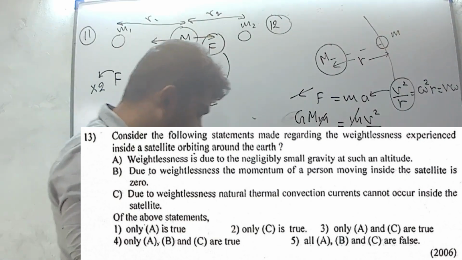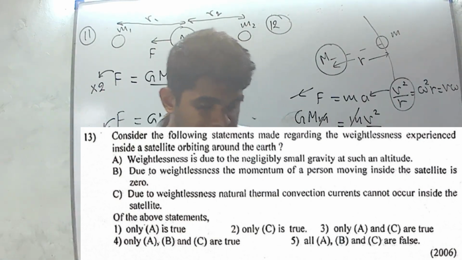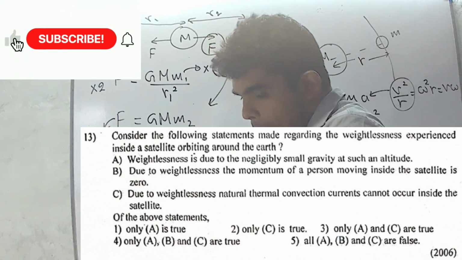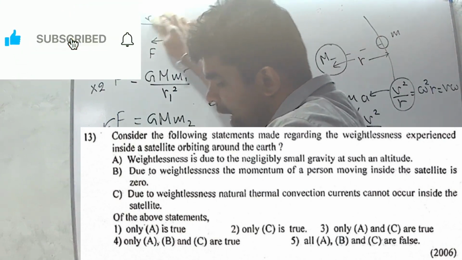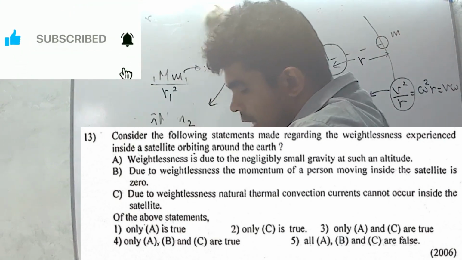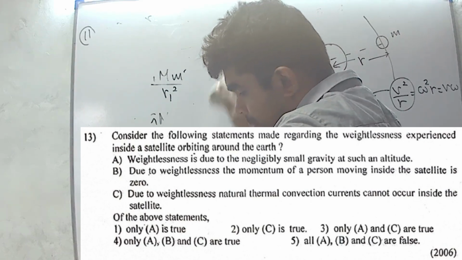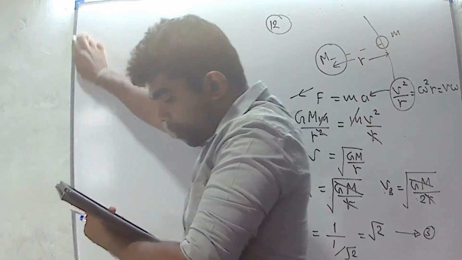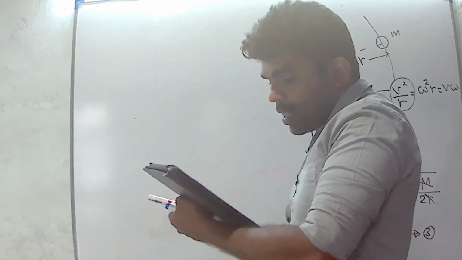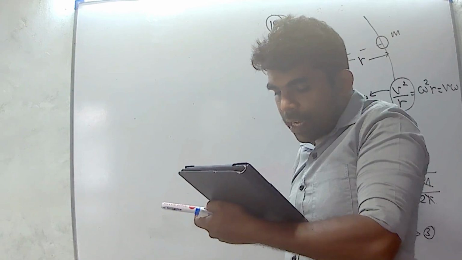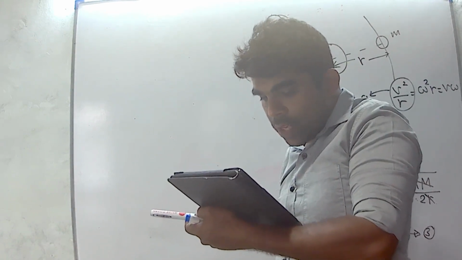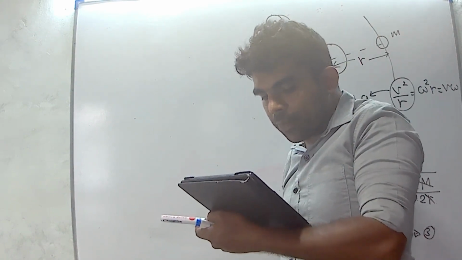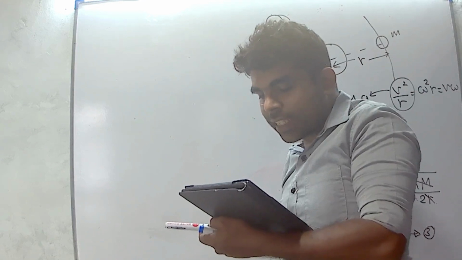Then question number 13. Consider the following statements made regarding the weightlessness experienced inside a satellite orbiting around the Earth. Part A. Weightlessness is due to negligibly small gravity at such an altitude.